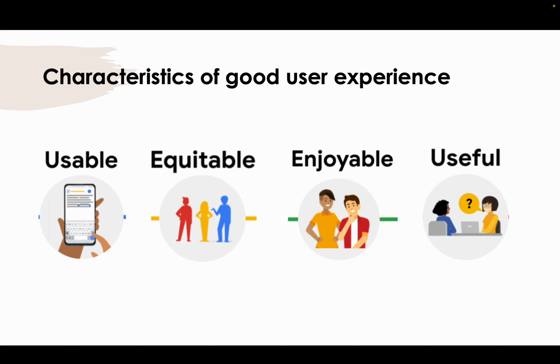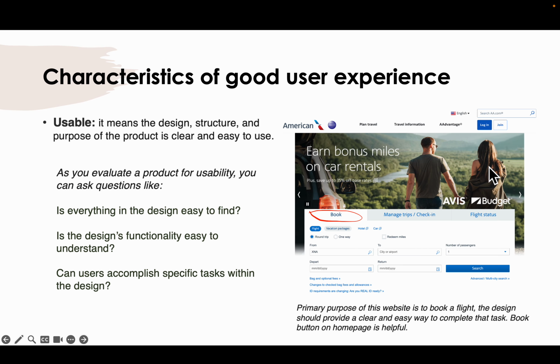So after talking about some poor user experiences, let's talk about good experiences. First, let's talk about the characteristics of good user experience. It should have four characteristics: usable, equitable, enjoyable, and useful.